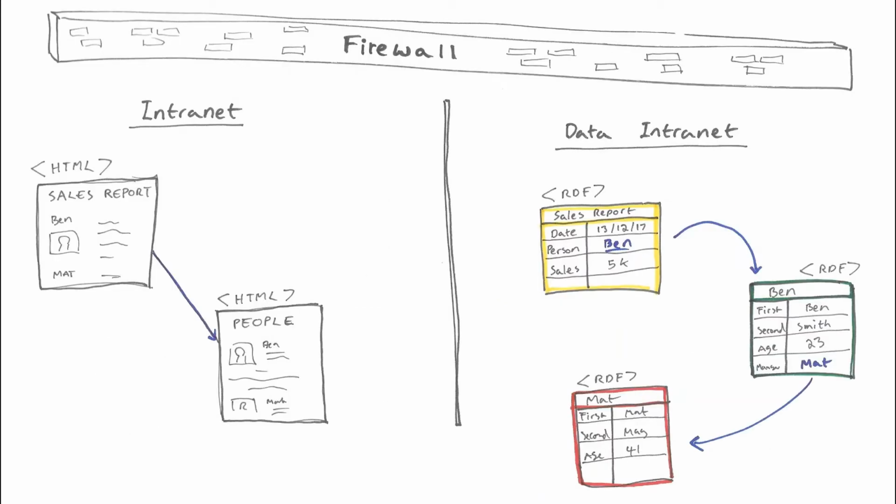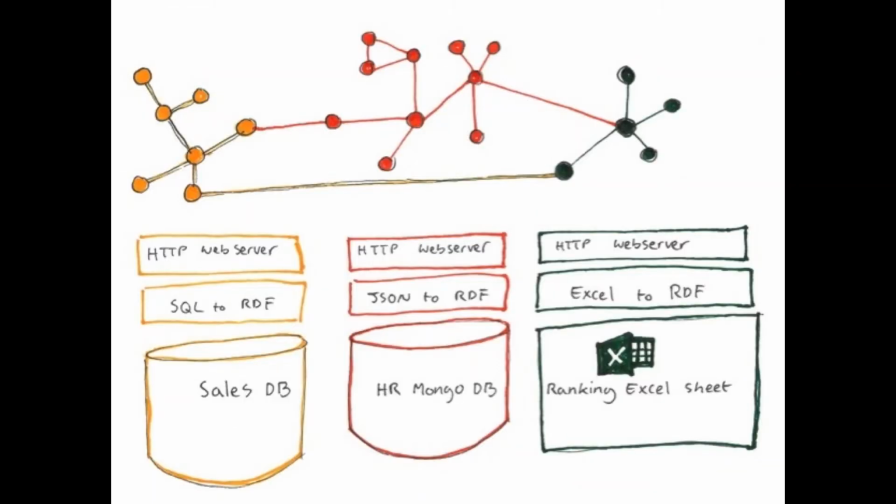But if it can work at the web scale, why not use this tech stack behind the enterprise firewall? It gives us everything we need to create our decentralized enterprise knowledge graphs. Let's drop down to the implementation level for a sec. First of all, you have data websites. So each application within the enterprise runs an HTTP server and publishes its key data in RDF, giving each data item a unique URL.